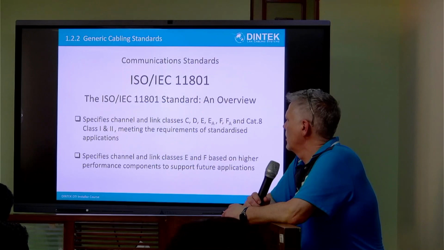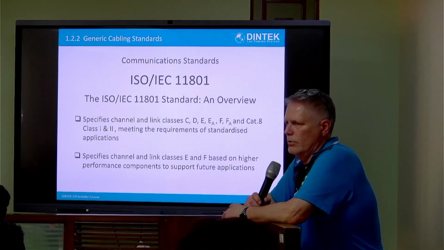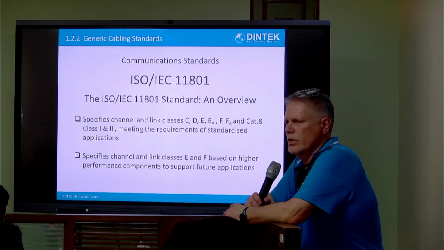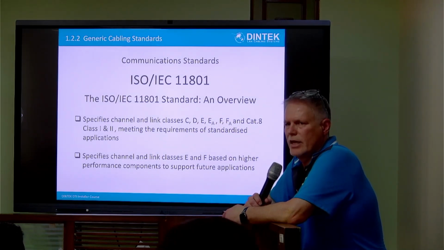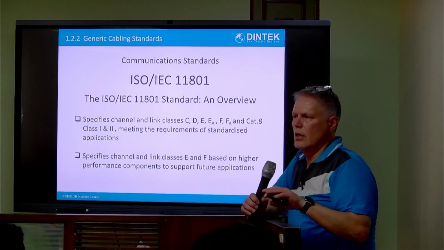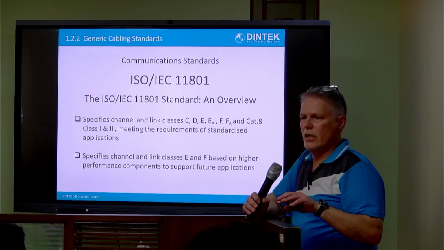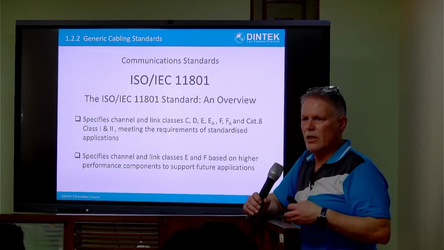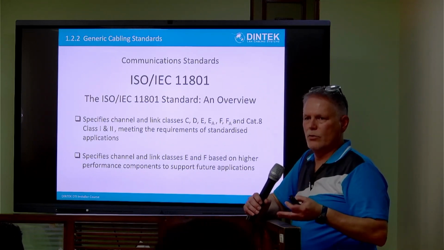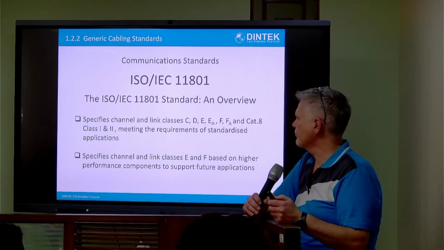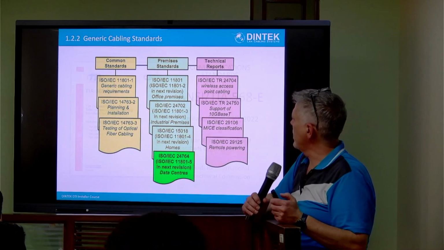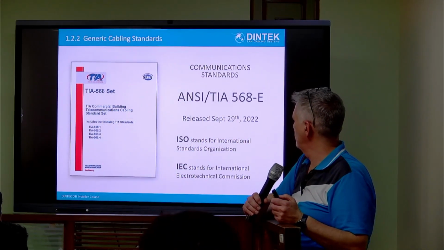Yeah, so in a lot of countries, Europe, I think South America, they're using 11801. They're essentially the same. They have some differences in the test parameters that they use, but essentially they both use the same sort of standards. So we'll concentrate on the 568 standard here.